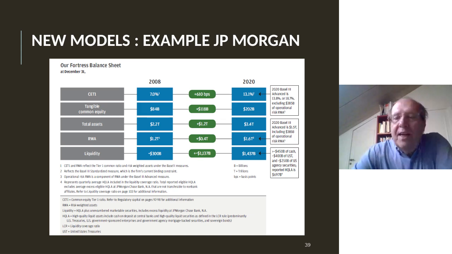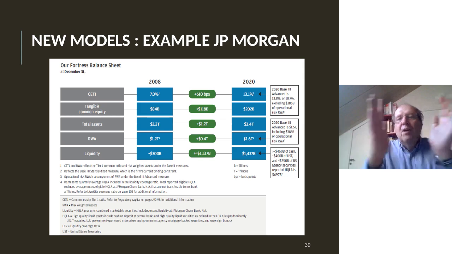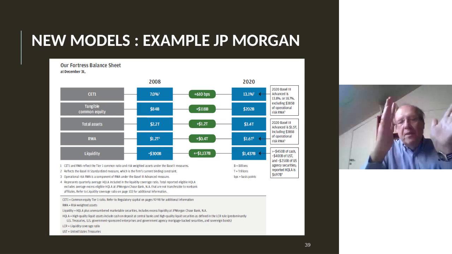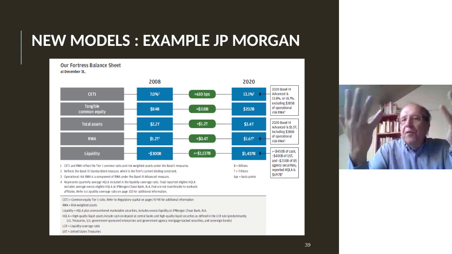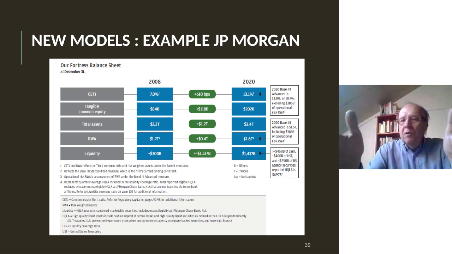The cash they have in 2008, so which is cash plus liquid assets, was multiplied by an incredible number. The CET1 also is impressively over that. So all the existing metrics show that you double or triple liquidity, you double, triple capital. So the model has nothing to do with it, and JP Morgan, the biggest US bank, showed that very well.